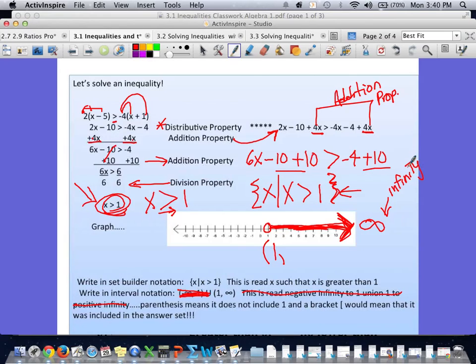Okay? Now, on this end of the arrow is the negative infinity. So if it was going this direction, then it would be going towards negative infinity. We don't have any of those numbers. We only have from 1, which is not included because it's an open circle, to positive infinity. And that would be your interval notation.